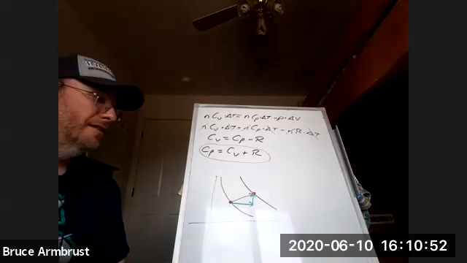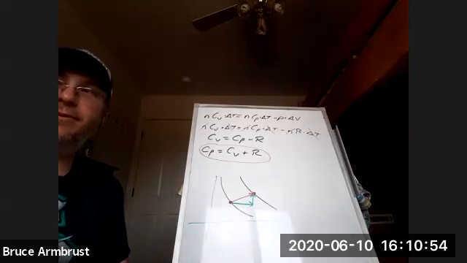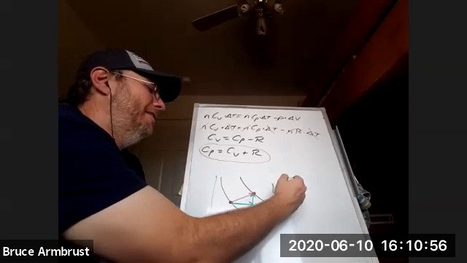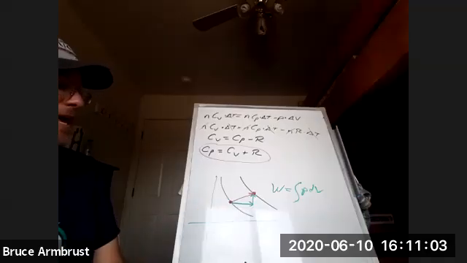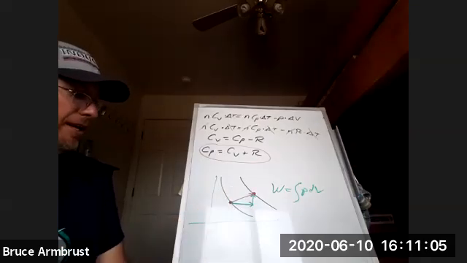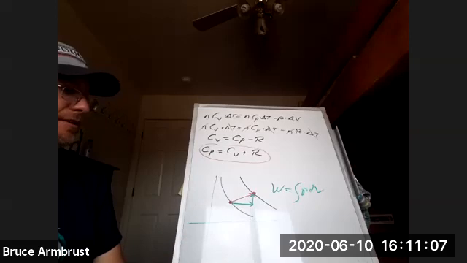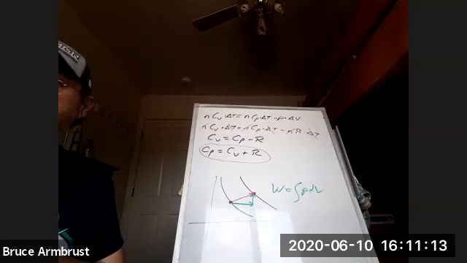Kind of remember me writing that? Right? So think about the integrals along these paths. That's the area under these graphs. So which one of them requires more work? The bottom.